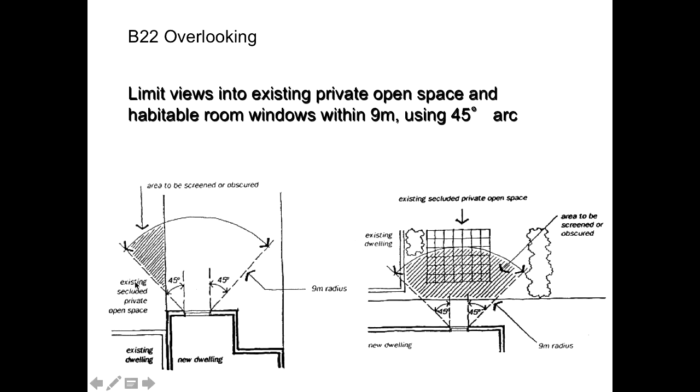But again, you see here this idea of a trade-off, and you can start to imagine in inner city blocks, if you said it was greater than 9 metres where overlooking would occur, again, you'd never be able to build anything.